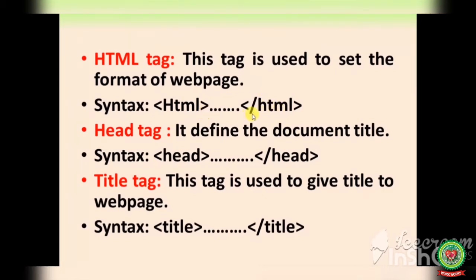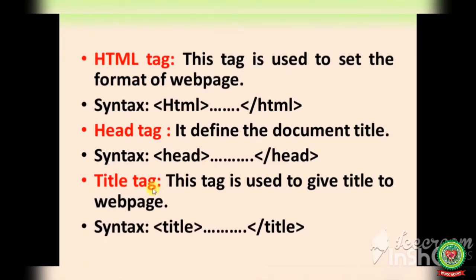The forward slash means that our work is over here, and after completing our work we always close the tag with this forward slash. Next is the head tag. It defines the document title. Head tag is also a container tag because it also has on and off tags.